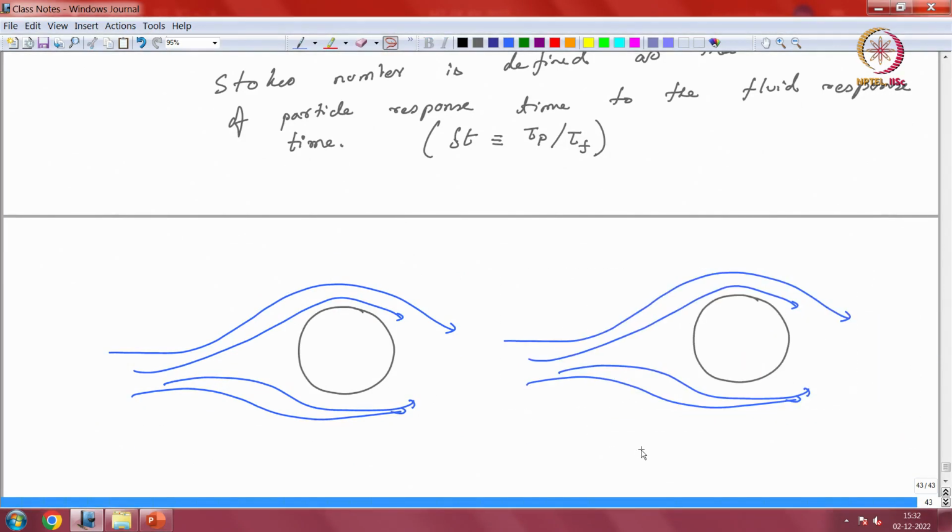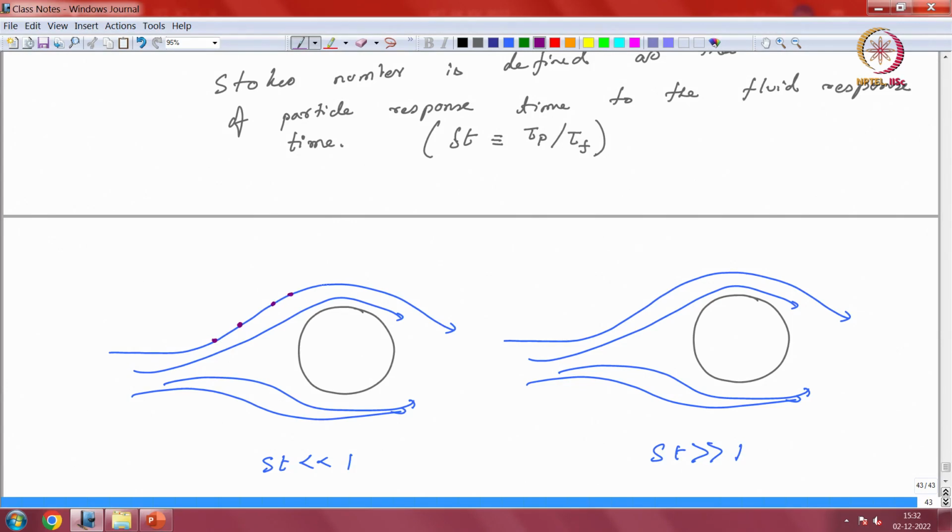Okay. So, I will try to show what happens when you have Stokes number much less than 1, and what you have when you have Stokes number much greater than 1. So, we will try to understand this number intuitively before we actually come up with the equation for it. So, let us say there are these particles in the flow.